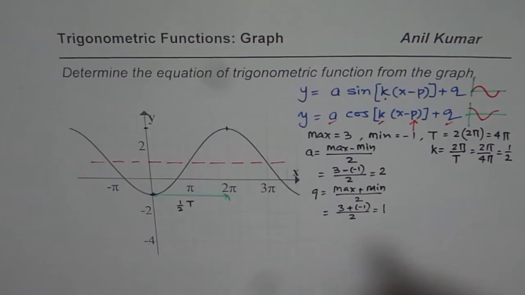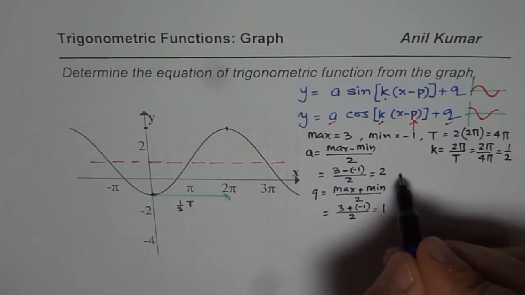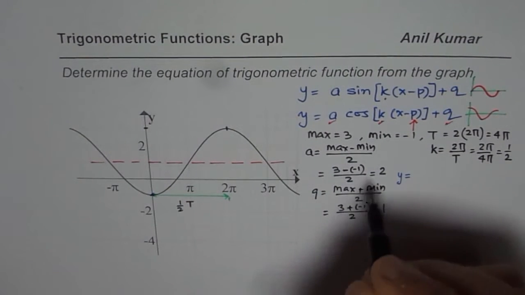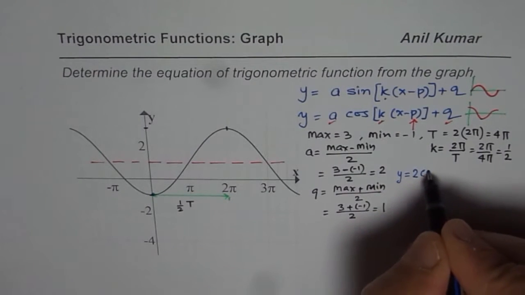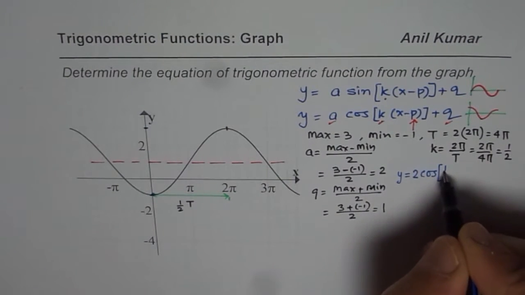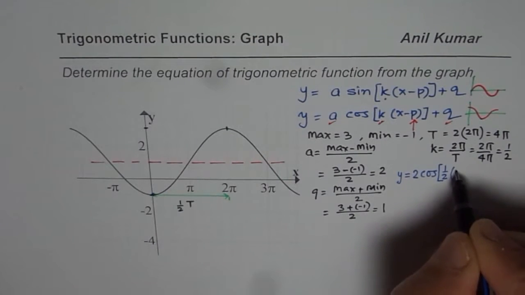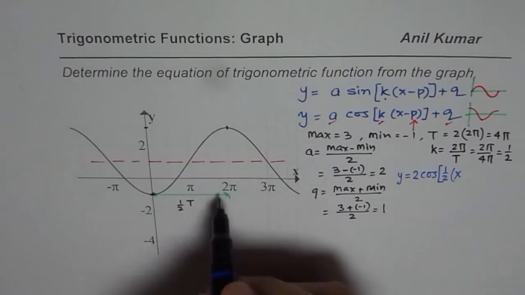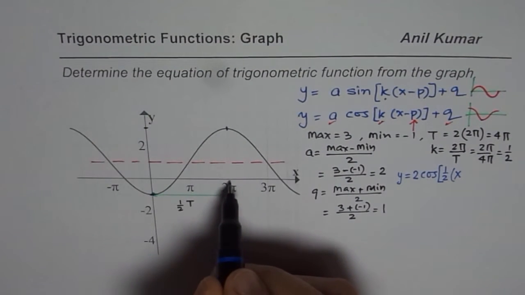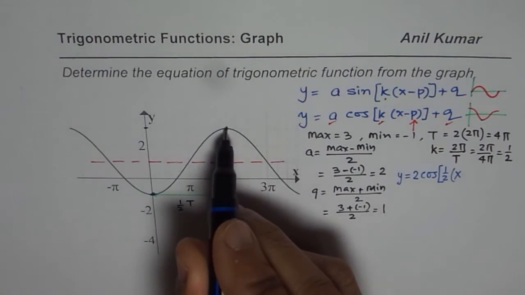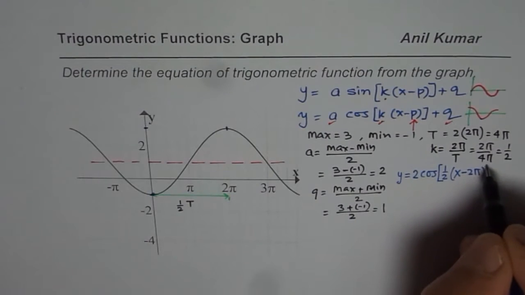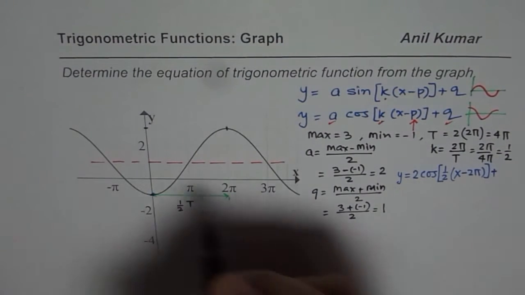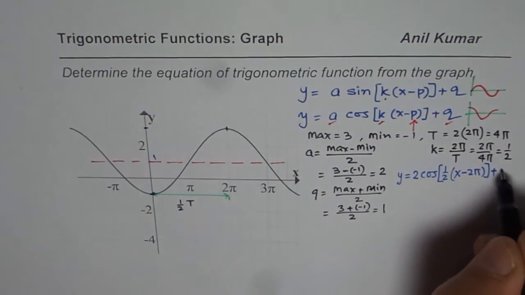My equation could be y equals, I know a is 2, 2 cos, k value is half, x. If I'm using this point, then it has been translated 2 pi units to the right. Cosine starts from the maximum, so we can say minus 2 pi, right?